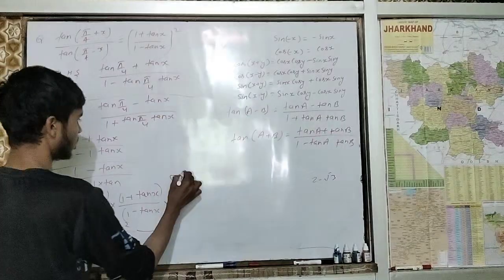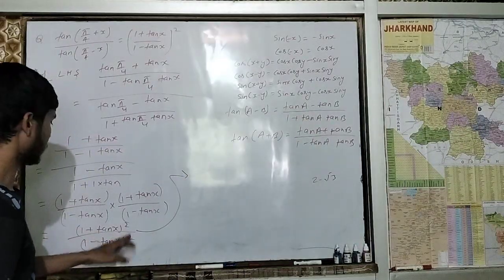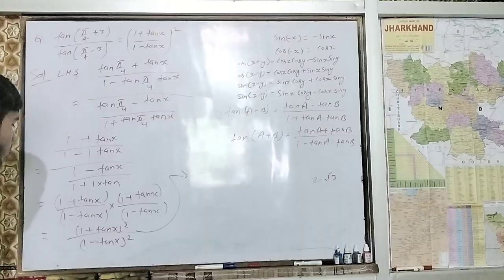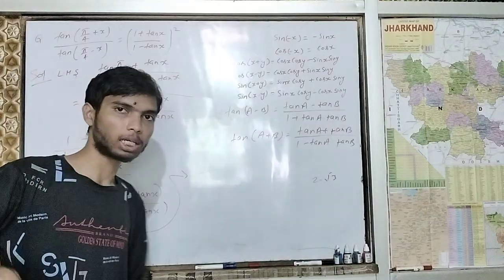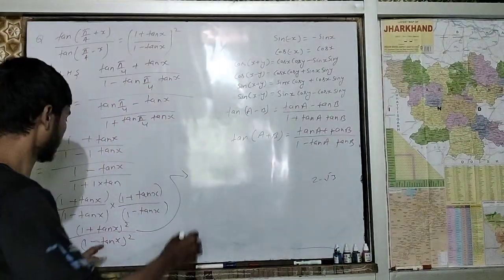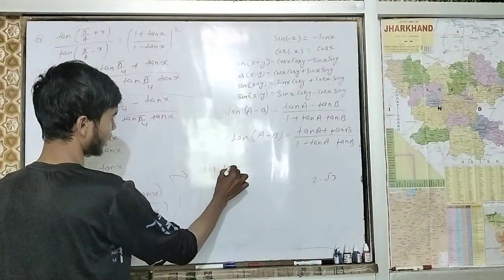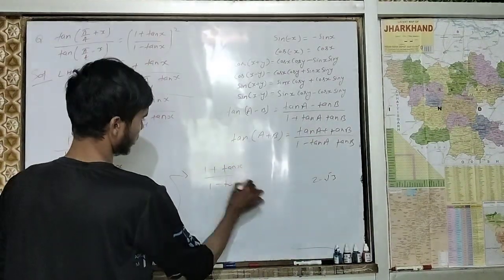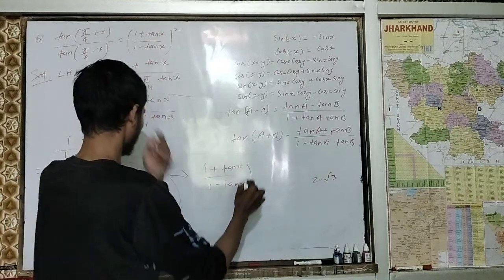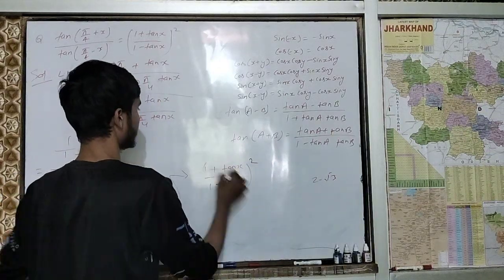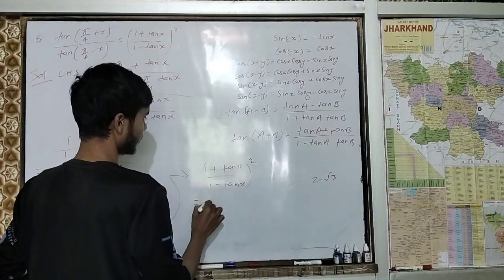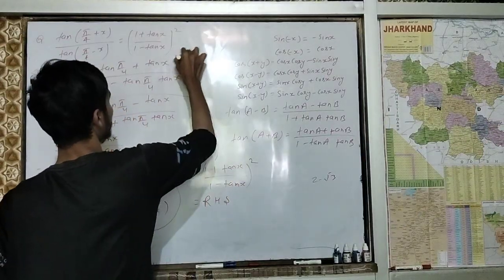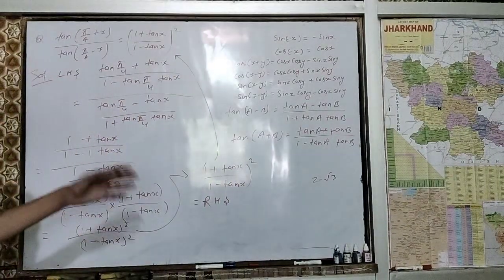Okay? Now look over here. Both numerator and denominator are in a square. That's why we can say that this 1 plus tan x upon 1 minus tan x is a fraction which is in a square, and this is nothing but the RHS.